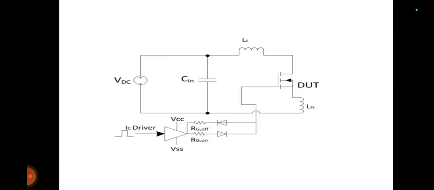So we can see here the diagram with a DC voltage supply, in series with a capacitor and inductor, and then here we can see the diodes, VCC and VSS, IC driver, DUT, and inductance and resistor.